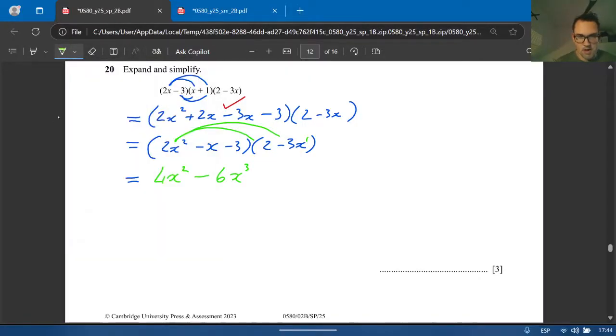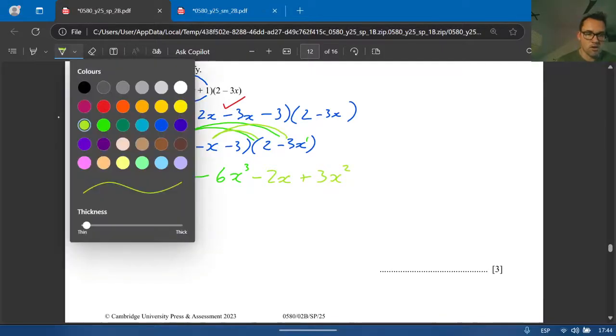Now we're doing the minus x. Let's do it above here. So minus x times 2 is minus 2x. And a minus, again, a minus and a minus gives us a plus. There's the 3 and then x times x, x squared. Go slowly, make sure you get it right.